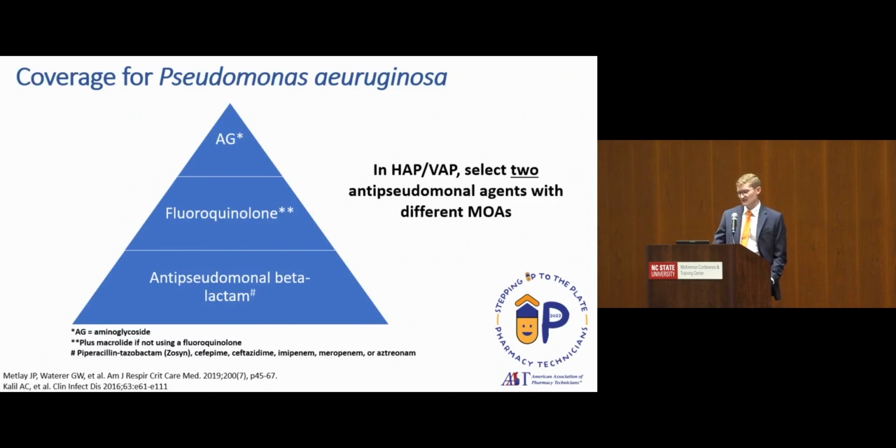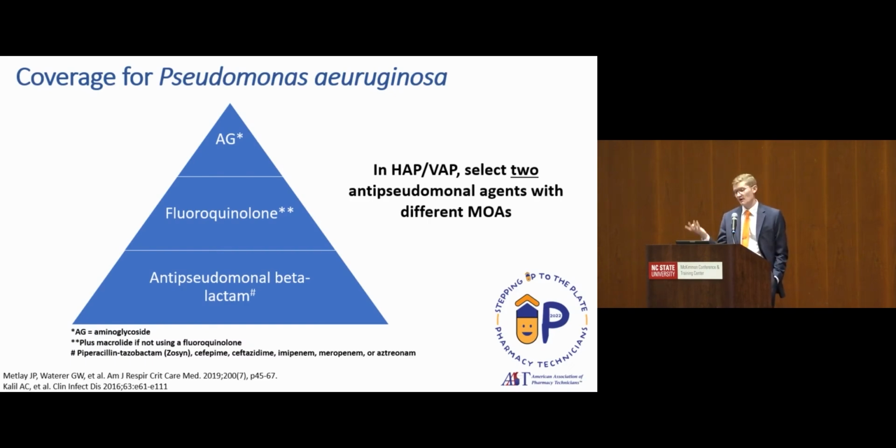And then our antibiotics that cover Pseudomonas are going to be our aminoglycosides, so gentamicin and tobramycin, and our fluoroquinolones, ciprofloxacin and levofloxacin, will cover Pseudomonas. Moxifloxacin does not. And then we could use an anti-pseudomonal beta-lactam.